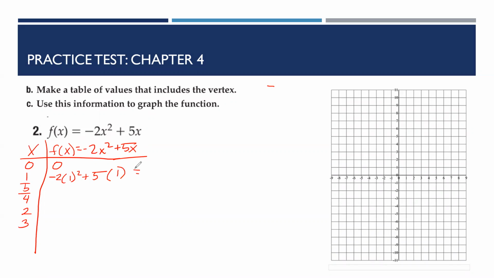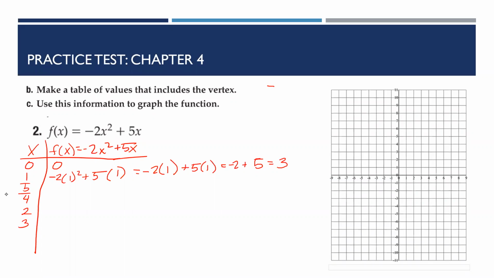So then this would be negative 2 times 1 plus 5 times 1, which is negative 2 plus 5, which is equal to 3.